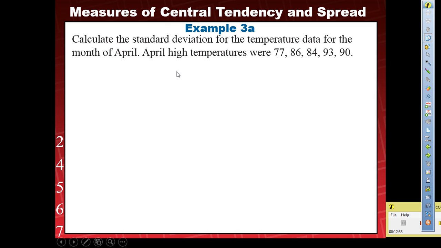It says, calculate the standard deviation for the temperature data for the month of April. April high temperatures were 77, 86, 84, 93, 90. Once you're done with that, underneath that, I want you to copy this table.